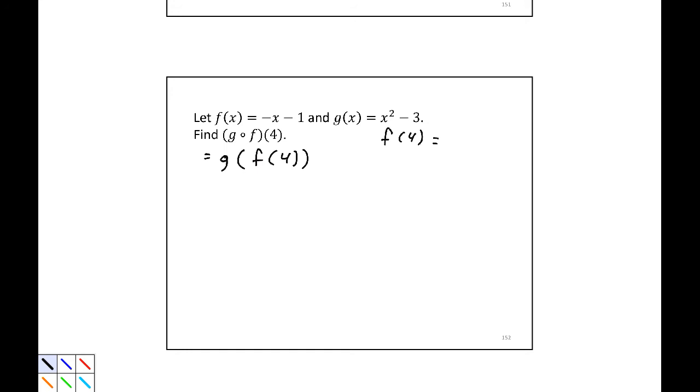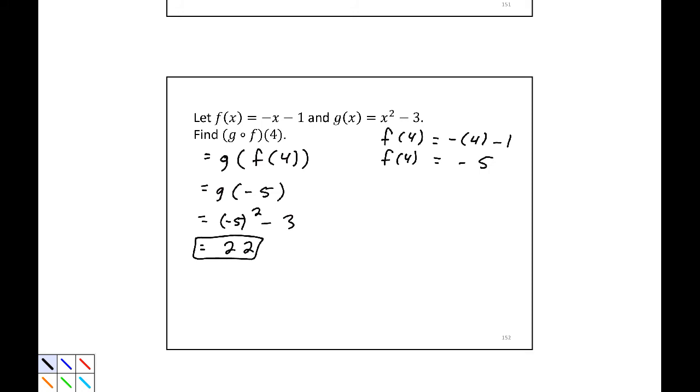So f of 4 would be negative 4 minus 1, which would be negative 5. So let's replace f of 4 with negative 5, and we'll evaluate that value into g of x. That would be x squared minus 3. So negative 5 squared is 25, minus 3 would be 22. So our output to that is 22.